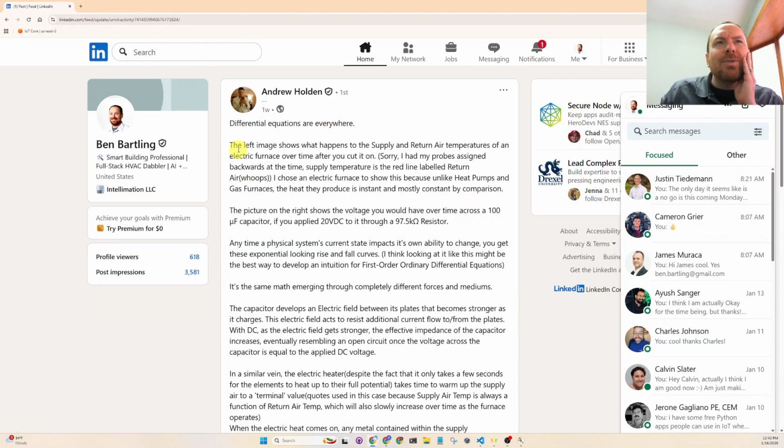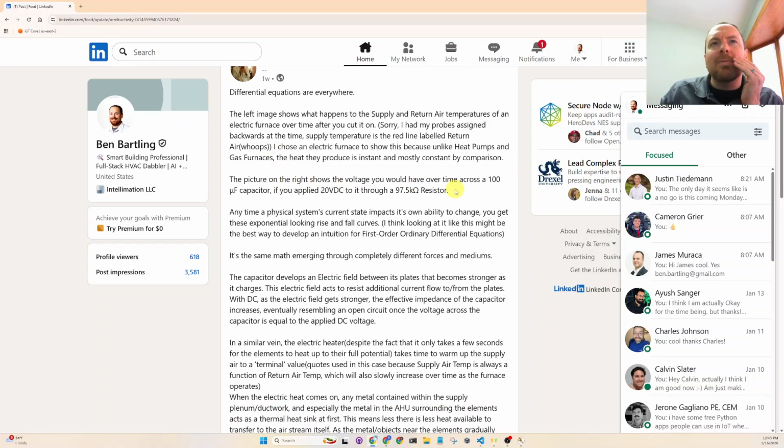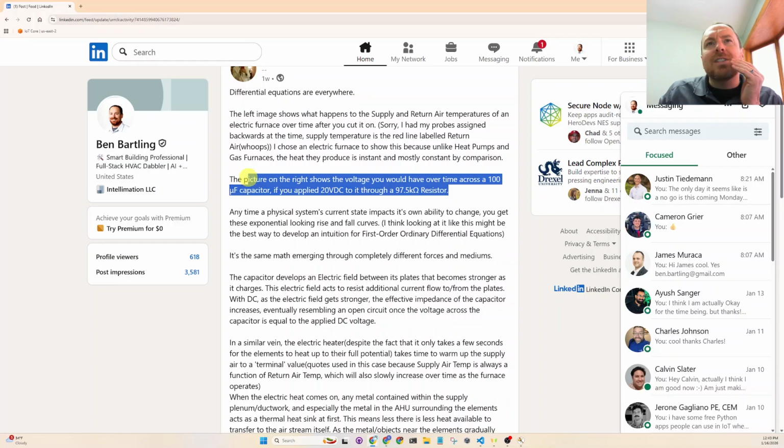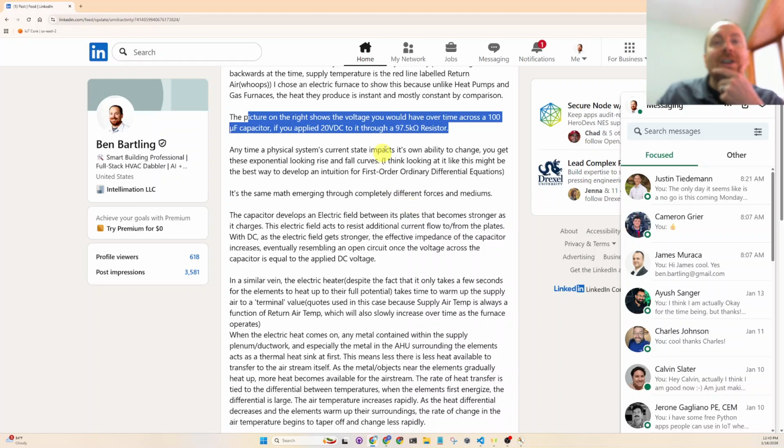Differential equations are everywhere. The left image shows what happens to the supply and return air temperature of an electric furnace over time after you cut it on. Sorry, I had my probes assigned backwards the first time. So he's talking about measuring the resistance of a temperature sensor, like under the hood of how you calculate the temperature value from resistance.